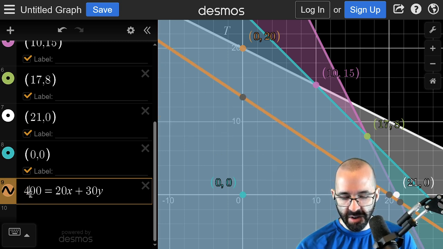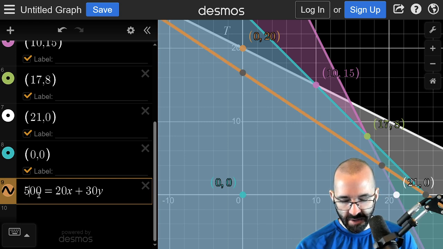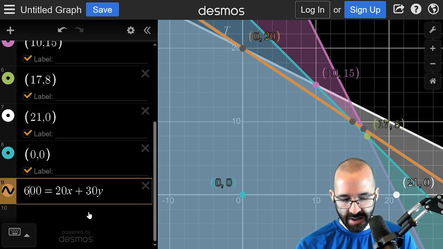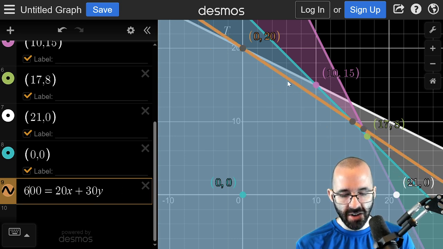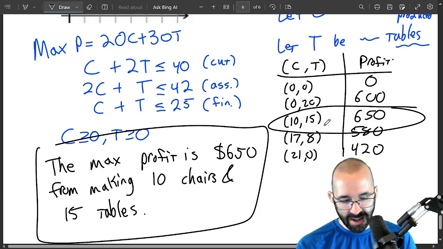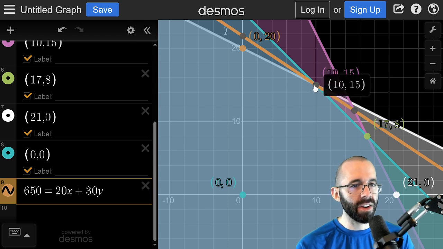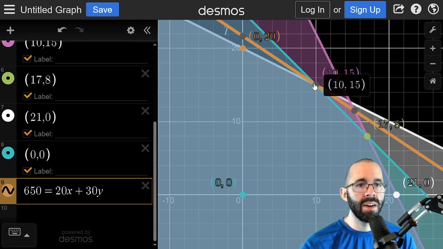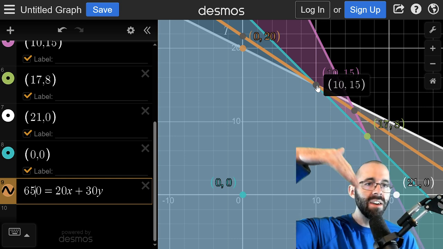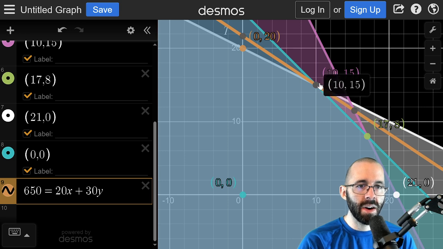We want the maximum profit, 400, 500, 600. You can see, as this orange line gets bigger and bigger, where is this orange line going to be the biggest? When it hits this one. And you can see that a profit of 650 should be right there at that corner point. We can't move this line any higher and still be in the feasible region. So that's why this is our maximum profit.